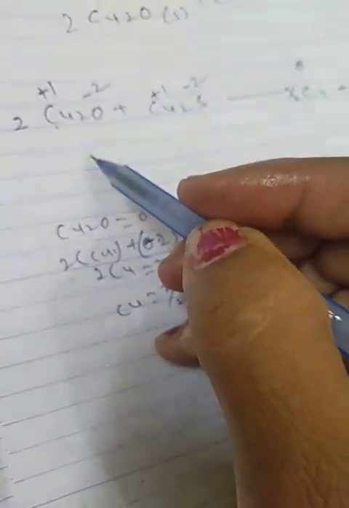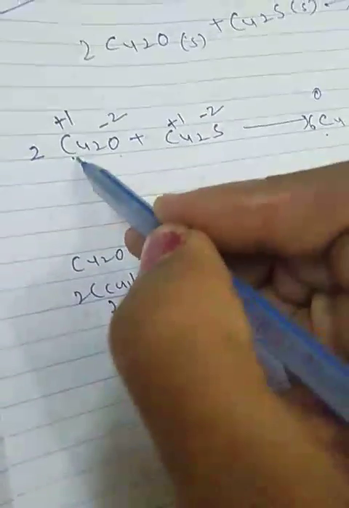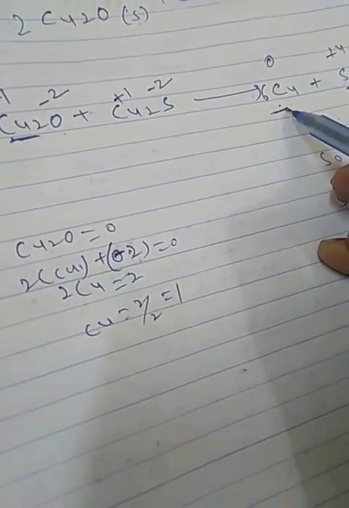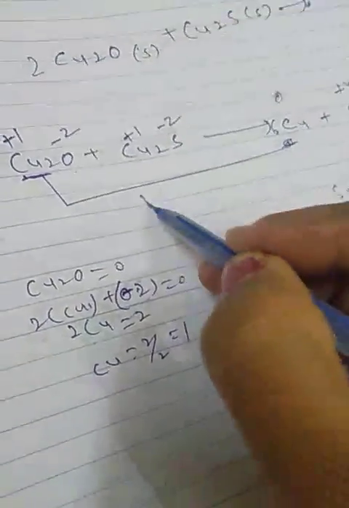Now we therefore conclude that in this reaction copper is reduced from plus 1 to 0 oxidation state, a decrease, so it is reduced.